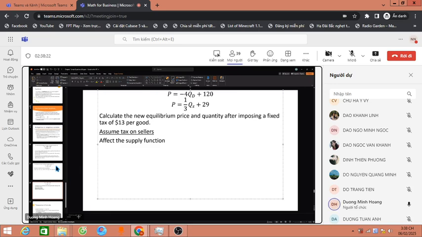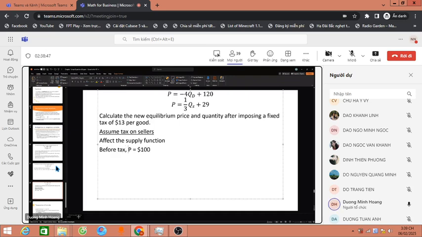How does the supply function change? For example, I have a good that is sold for $100 in the market, before tax.